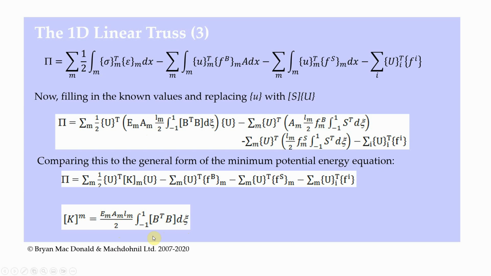So again, we'll know everything in here. So when we use a particular element, we'll normally apply a material property to it. So we'll know its Young's modulus. We know the cross-section area of the element. We know the length of the element.